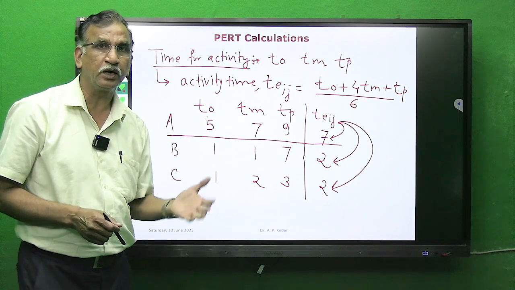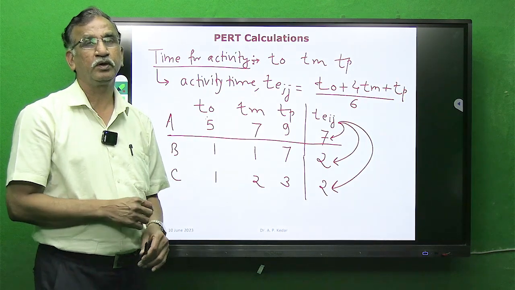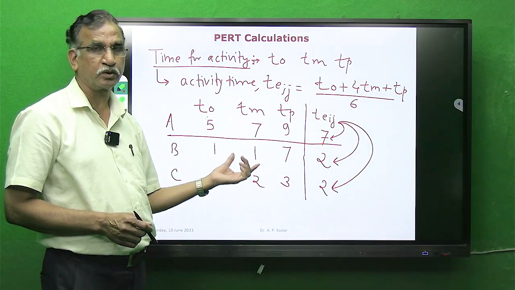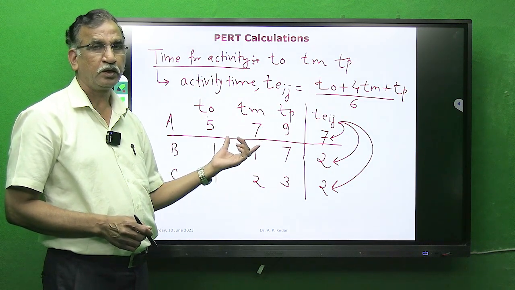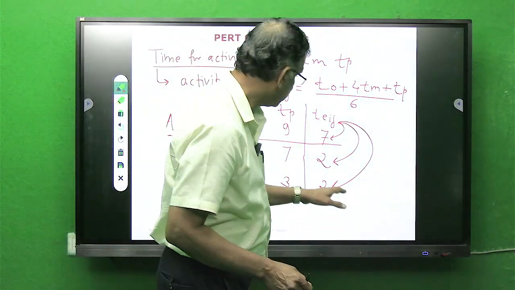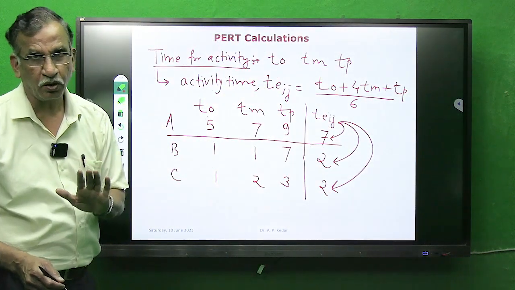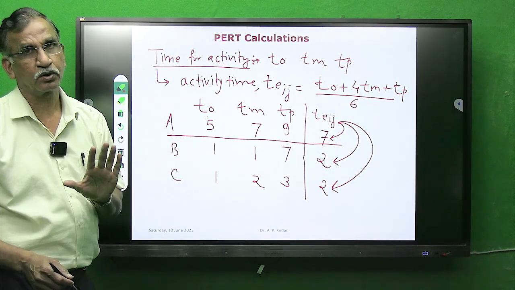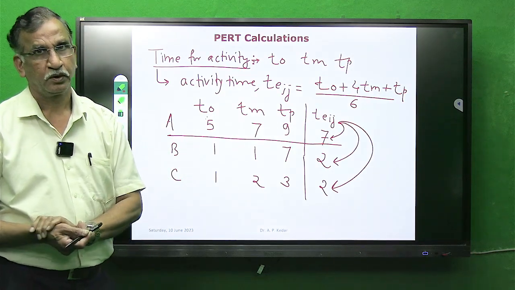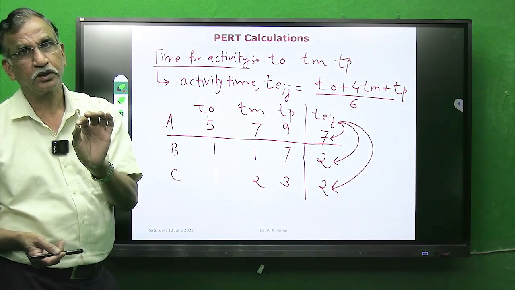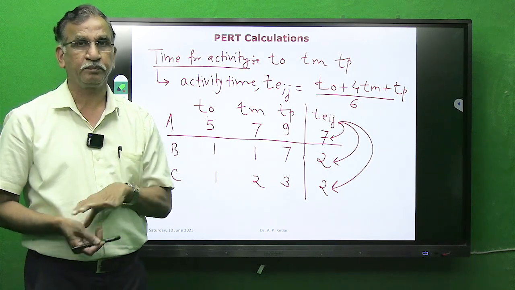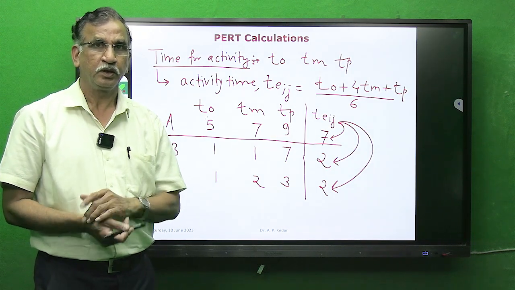And as a student in hurry, what we do, we neglect what is the variable in that particular column. If we blindly multiply middle column value by 4, then our value of TEIJ will be wrong, and if TEIJ is wrong, entire calculation of the entire project will be wrong.